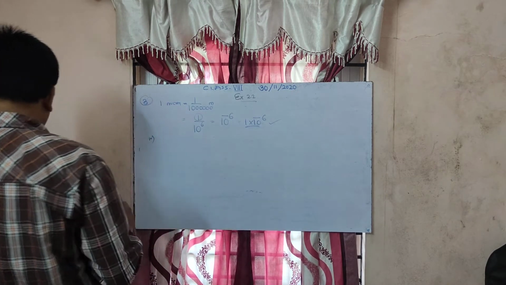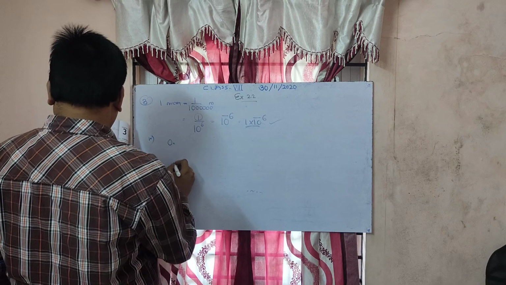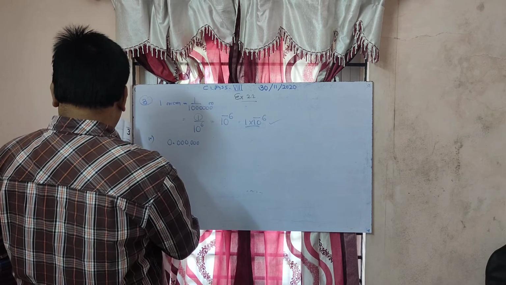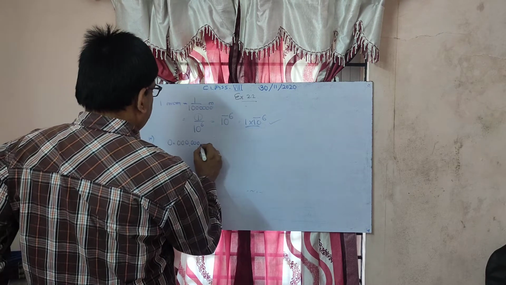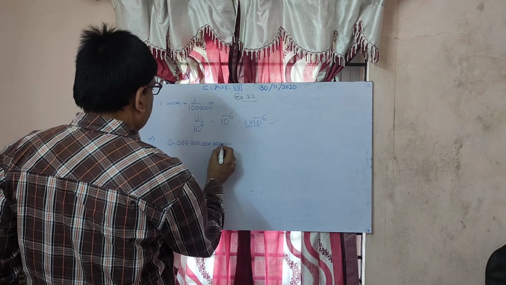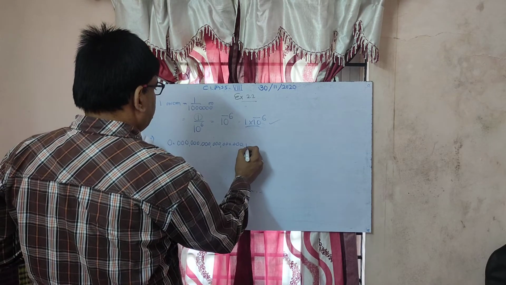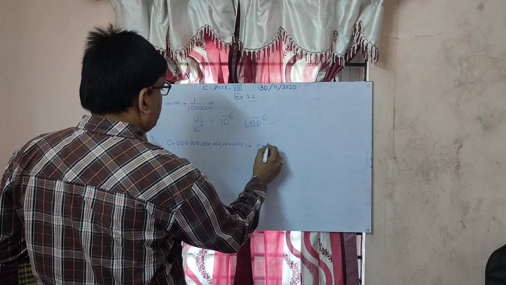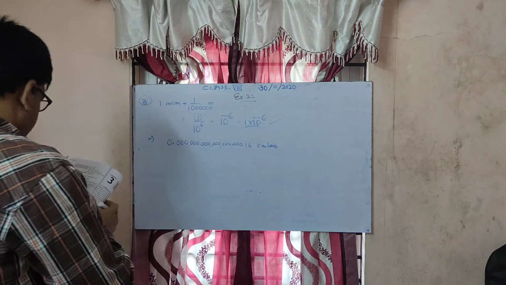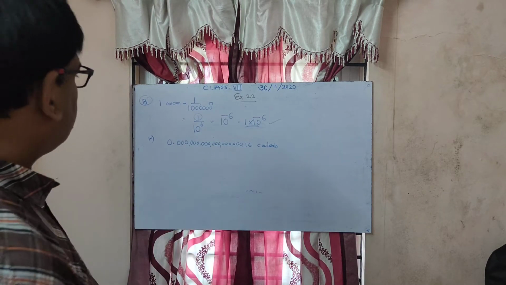What is the second question? Charge of the electron is 0 point, with 18 zeros and then 16. So the charge of 1 electron is this much.